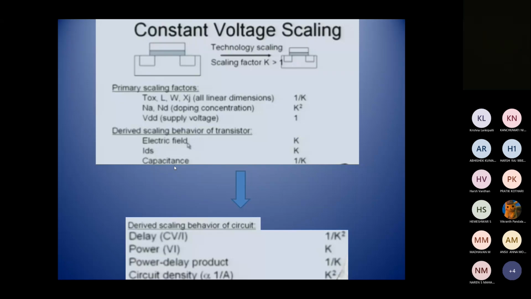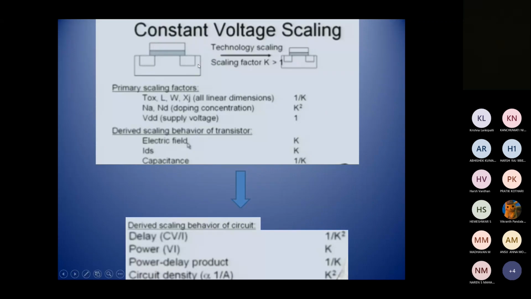Previously, we had constant electric field scaling, so in that case our electric field was maintained constant. But here, our voltage has to be constant. If we want to do the scaling as per this concept, then what are the guidelines you have to follow?